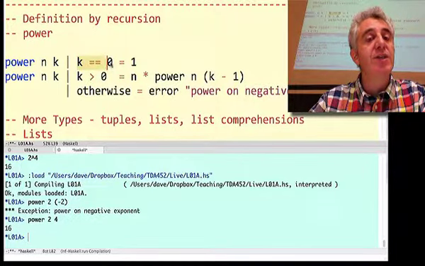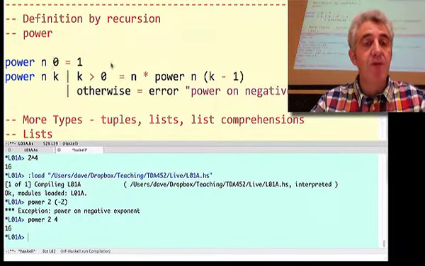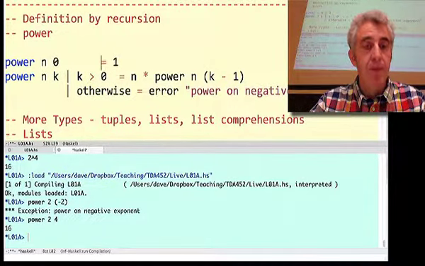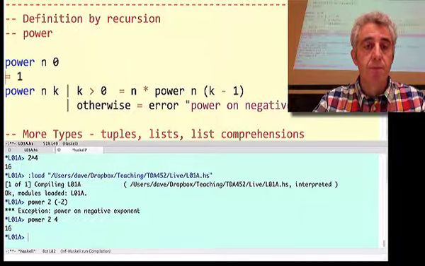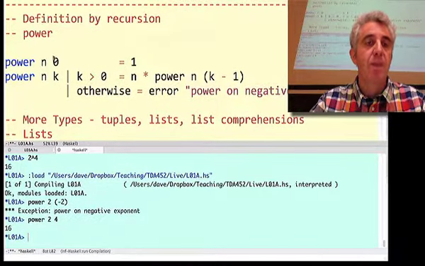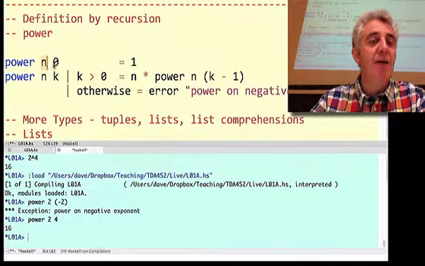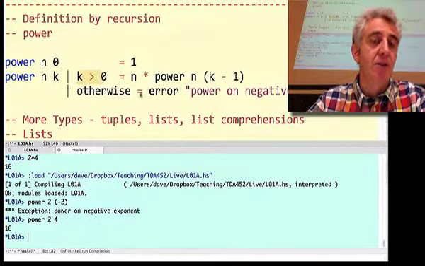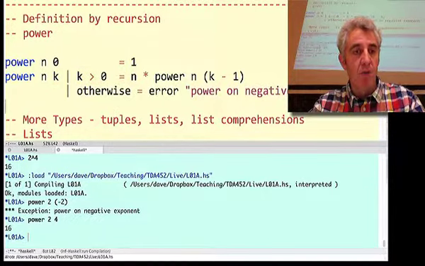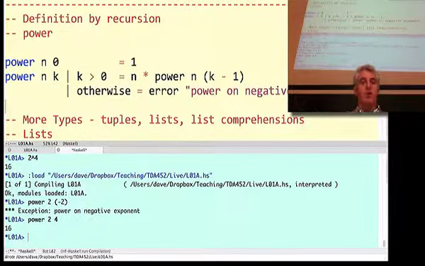Here we have a guard which is testing for equality with a value, and actually it would be more normal here to put this into the definition itself and say directly, power of n with exponent 0 is equal to 1, power of k when k is greater than 0, and so on. So that might be a more standard way of writing this.